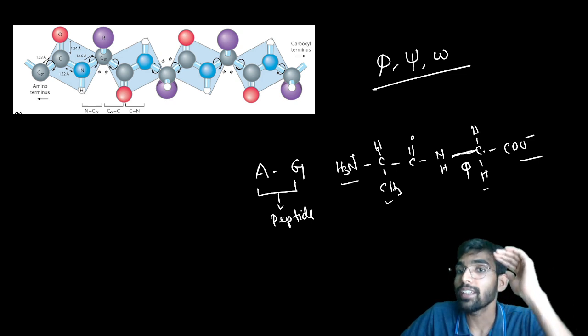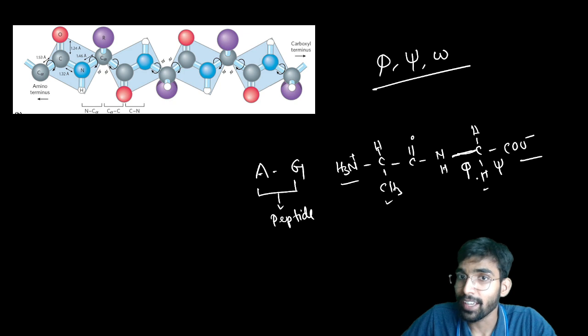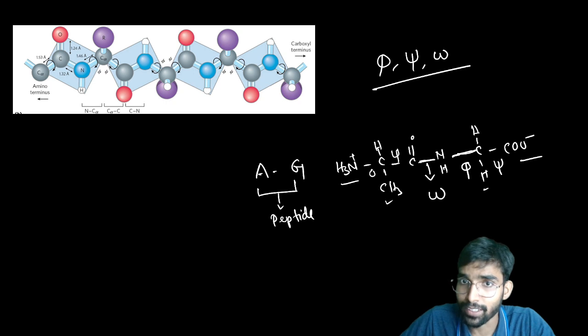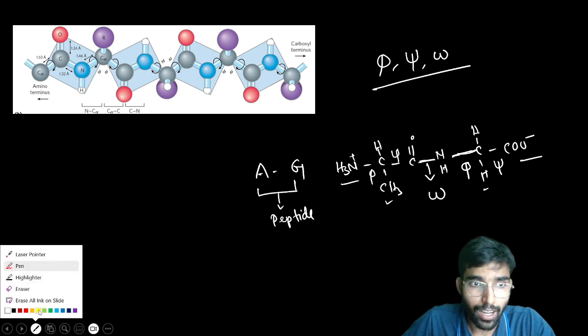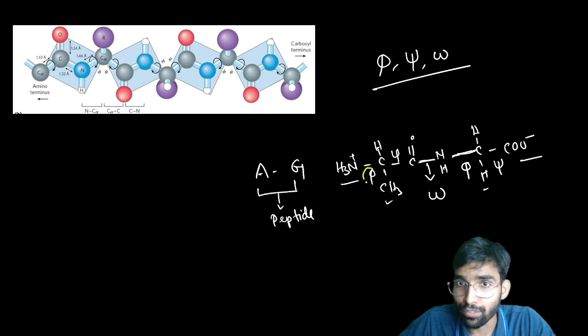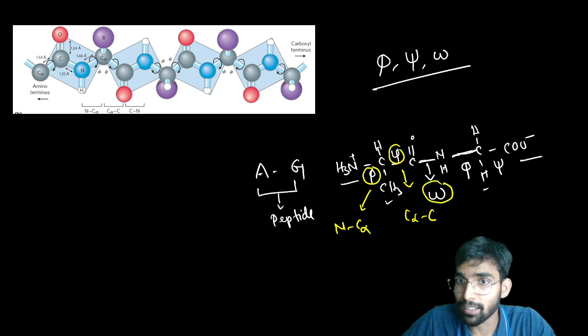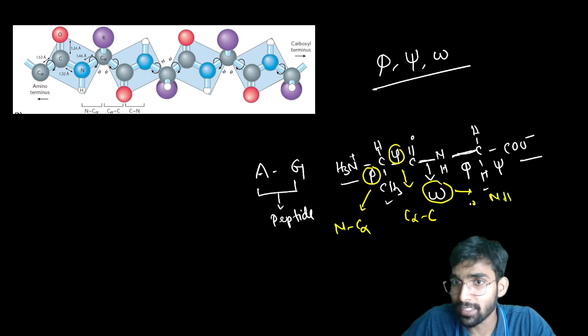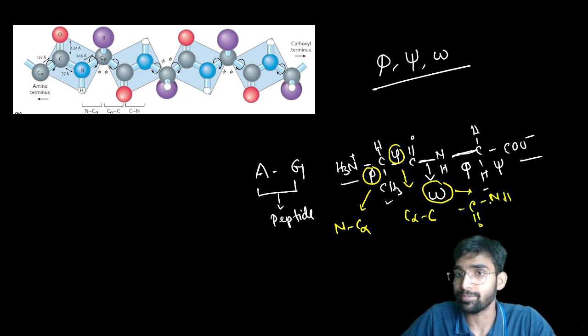The angle between C alpha and C is known as psi, and the angle between CO and NH we can write as omega. Similarly, we can write psi here and phi here. Now I would like you to focus here. This is phi, this is psi. Phi is the angle between N and C alpha, psi is the angle between C alpha and C, and omega is the angle between CO and NH, basically the C and N.